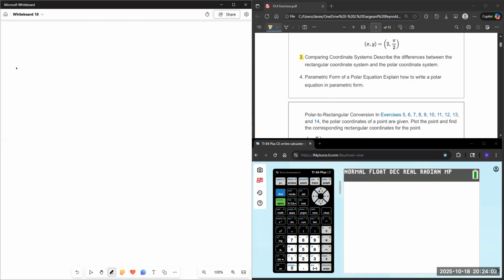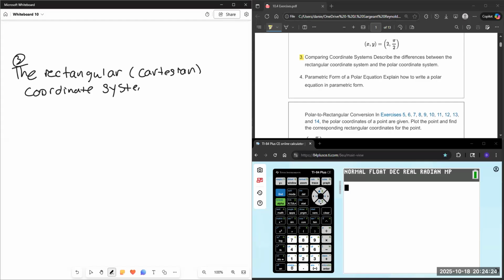So the rectangular coordinate system, this is the Cartesian, has a unique representation x, y for every point on the plane.